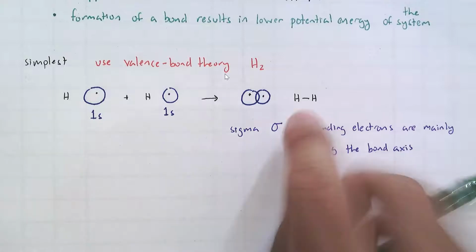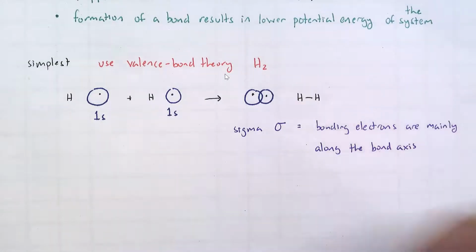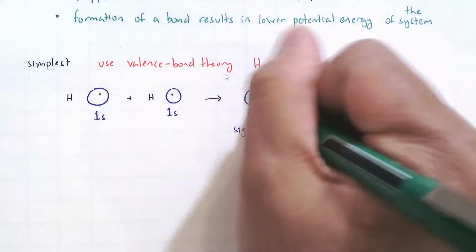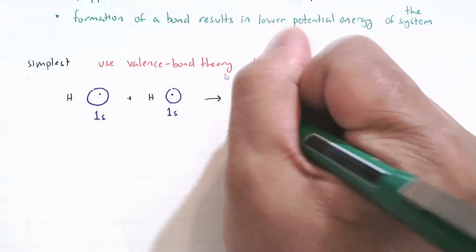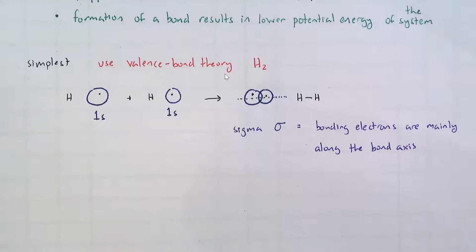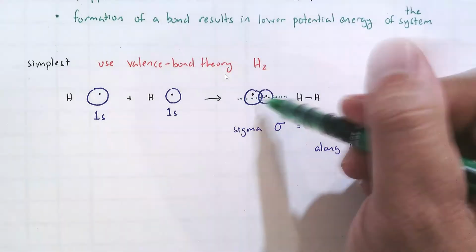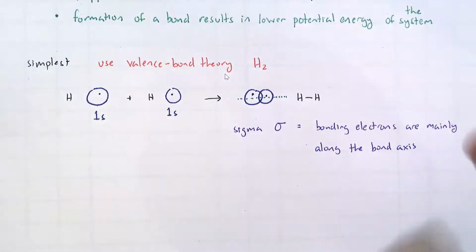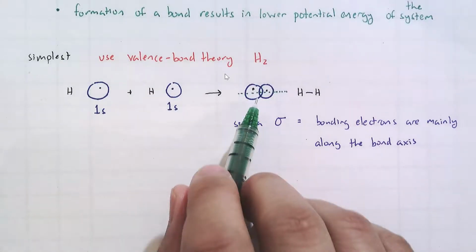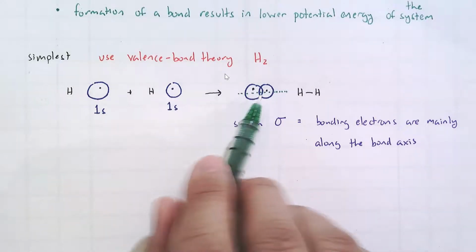We have a nucleus for the hydrogen on the left, a nucleus for the hydrogen on the right, and that nucleus is in the center of this s orbital. So the axis made by the nuclei is right down there. Now, I drew two electrons and they're both above this dotted line, but in general, a sigma bond is when the two bonding electrons are near this axis, on or along this bond axis.